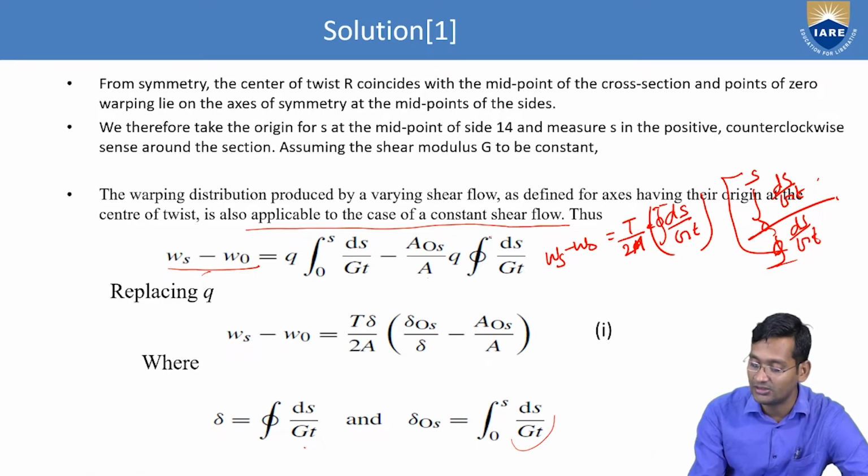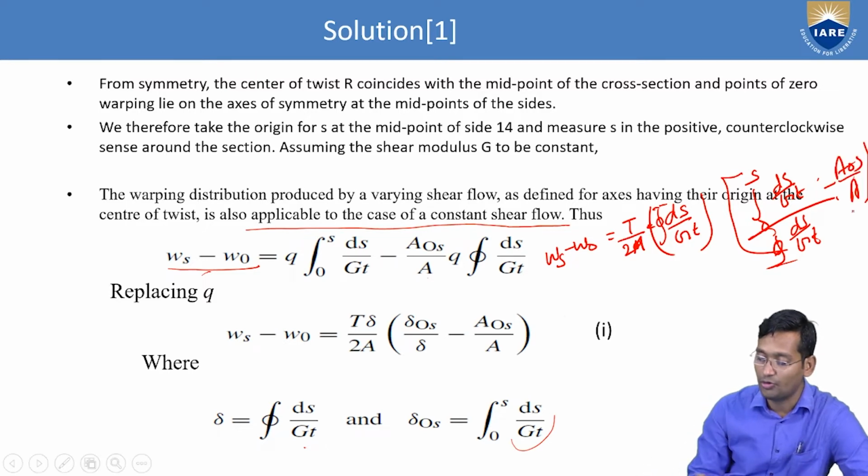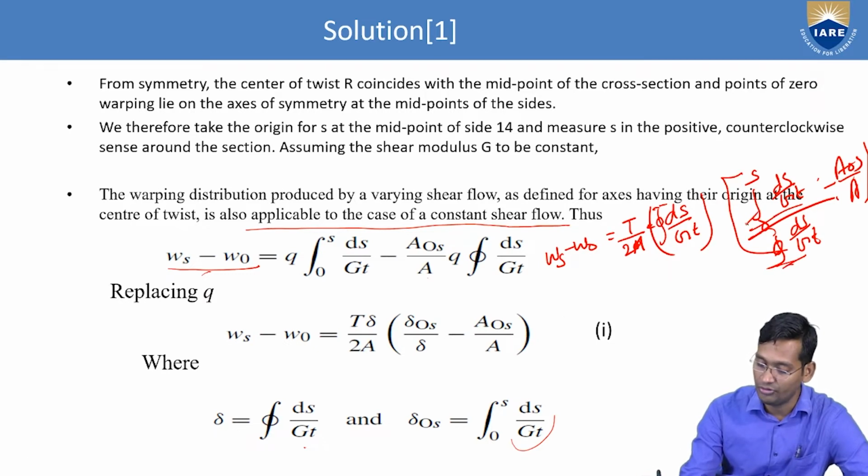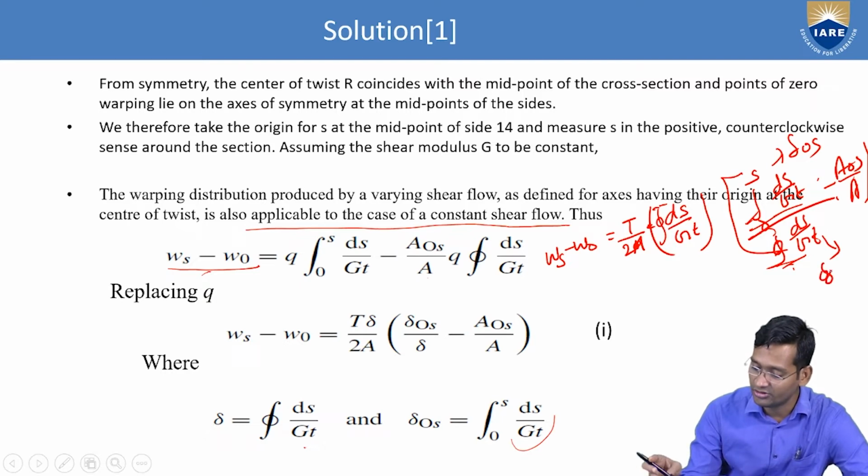And here this we have already taken common, so simply minus A_OS by A. This bigger one we are keeping as the small one: this equals delta, and for 0 to s we write delta_OS, and this term is delta. Now substitute here.